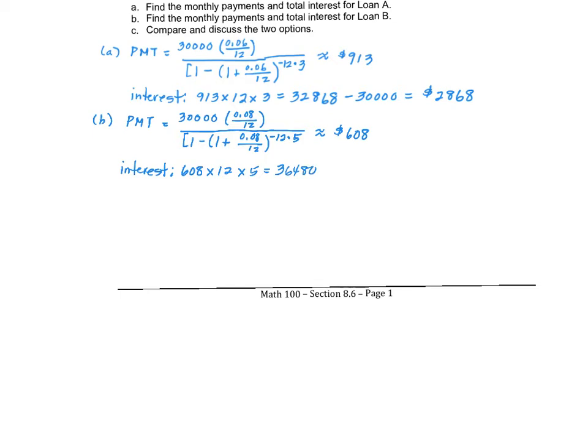When I subtract the 30,000, I get 6480. So the monthly payments are $608, and the total interest paid once the car is paid off is $6,480.